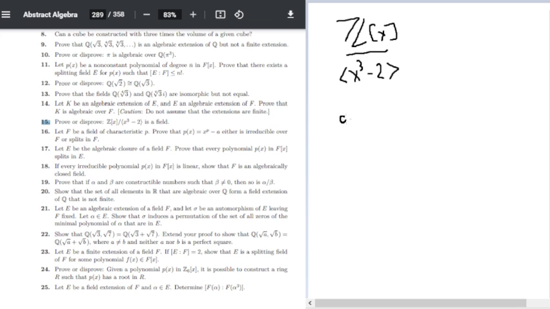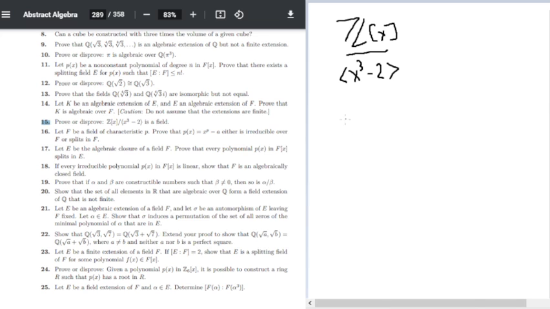So we have a plus bx plus cx squared plus dx cubed. We apply our standard procedure. Intuitively, I'm thinking it wouldn't be a field. I'm just wondering how I would justify it. So we want to find a polynomial.